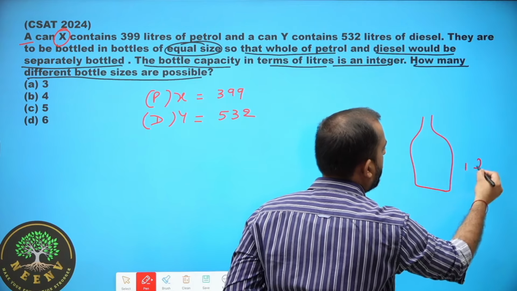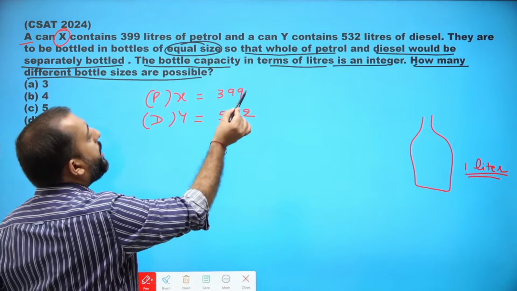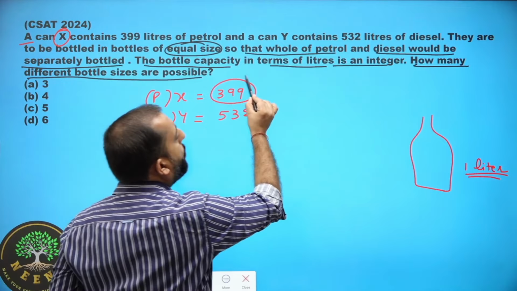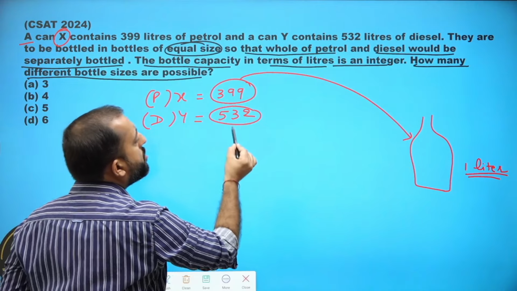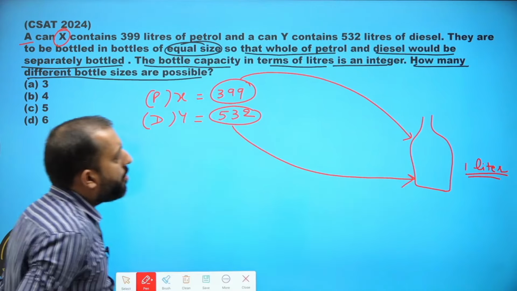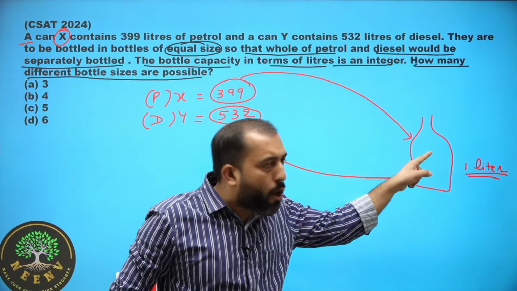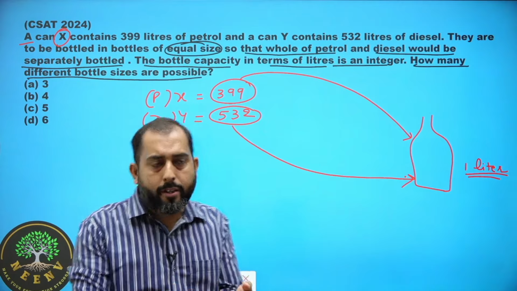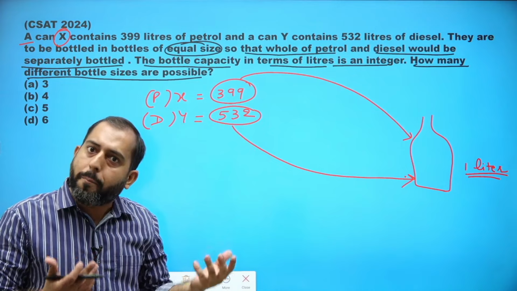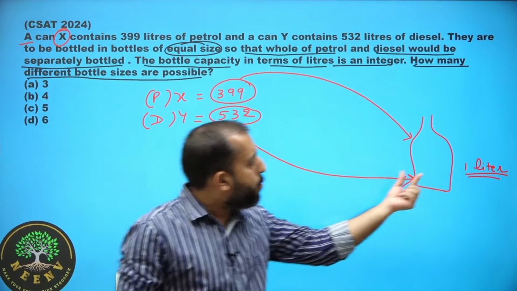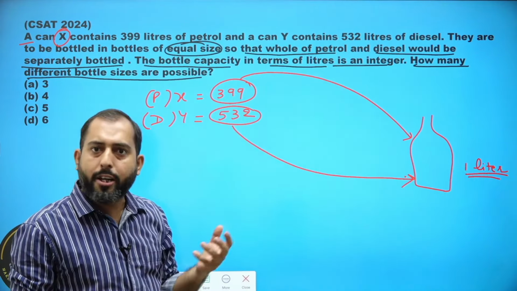Suppose, so I need 399 bottles to pack petrol and 532 bottles to pack diesel. So basically the size of the bottle should be such a number that will divide 399 as well as 532 completely, because 1 is such a number that will divide 399 as well as 532 completely.